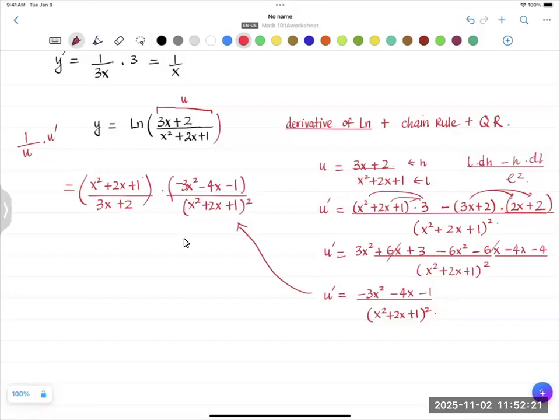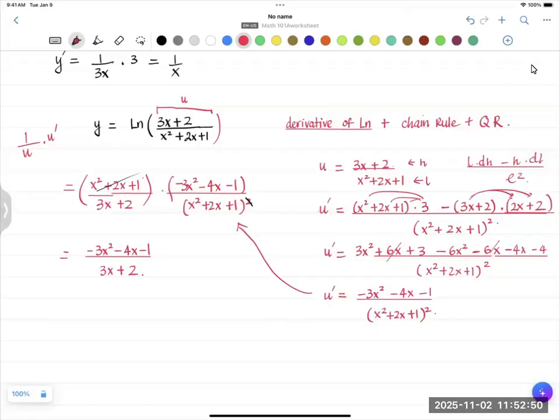Okay, and you will see, because this is multiplication, we can cross cancel. So I can have x squared plus 2x plus 1 cancel with one of the powers. So we will have this gone and this gone. Okay, so then our answer will become negative 3x squared minus 4x minus 1 over 3x plus 2.